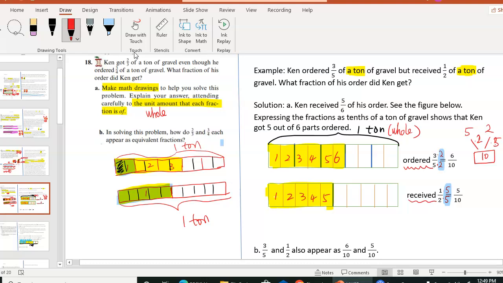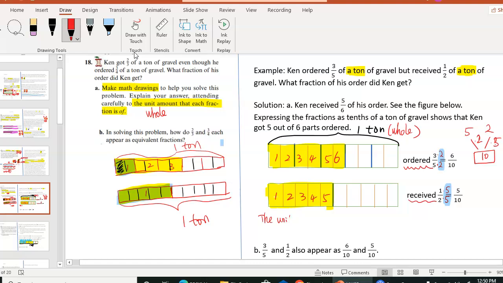Second part, we want you to talk about the unit amount. I kind of explained it here, but I didn't really write this down clearly. So I should have added here, for example, what is the unit amount for 3/5?